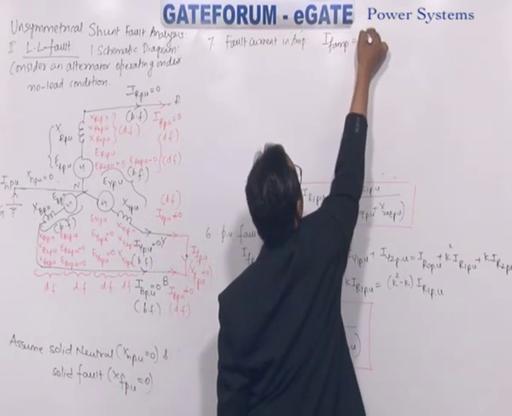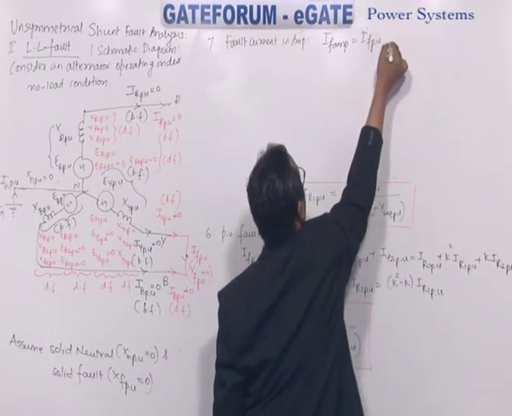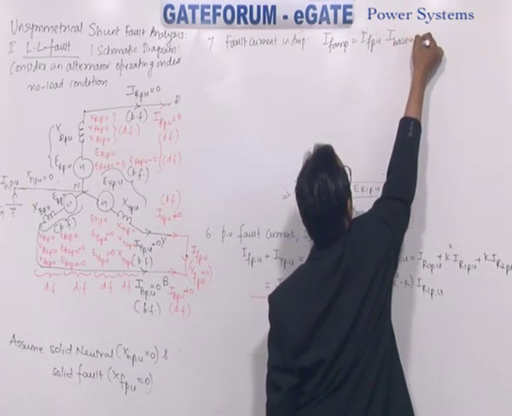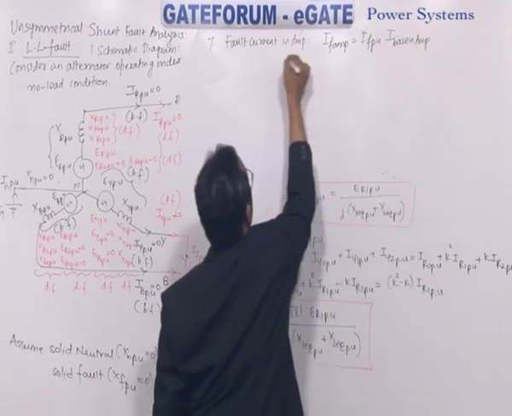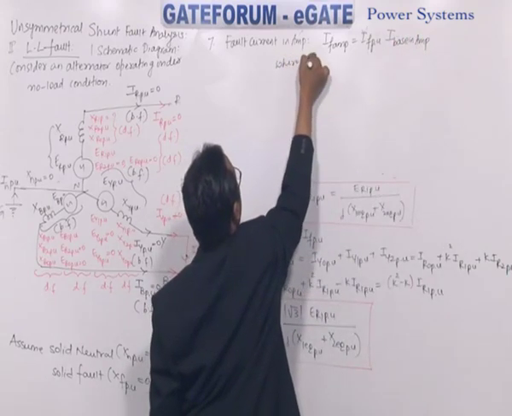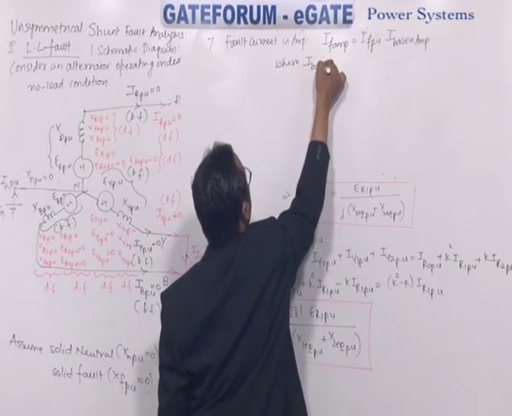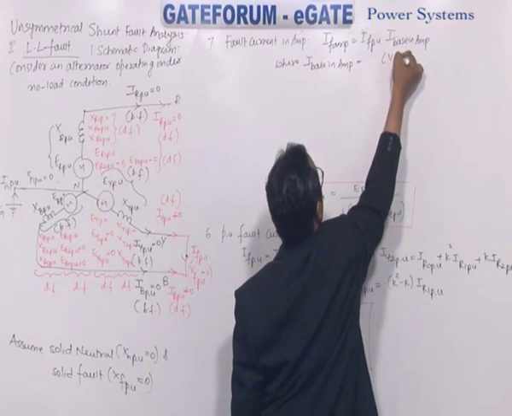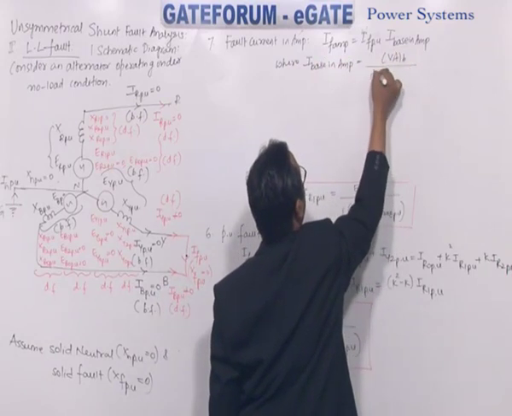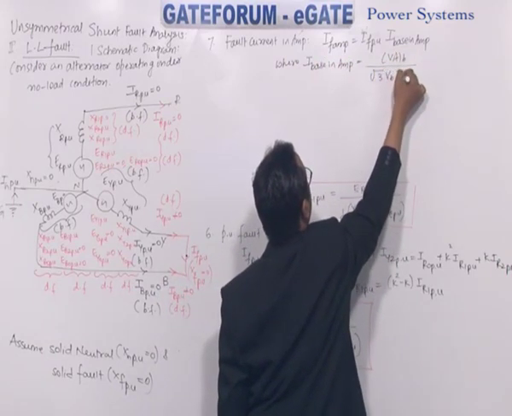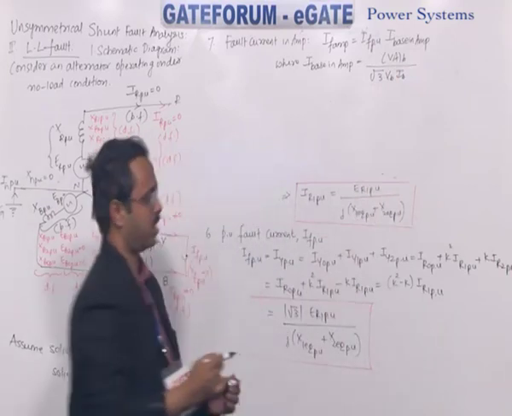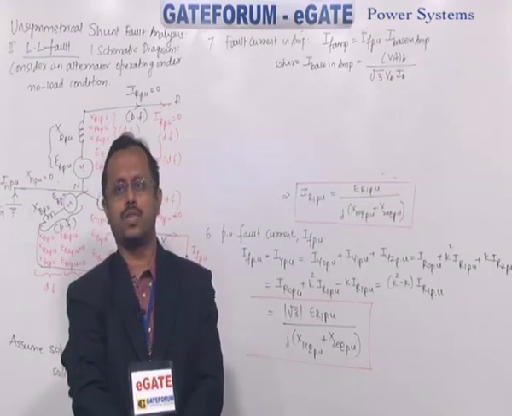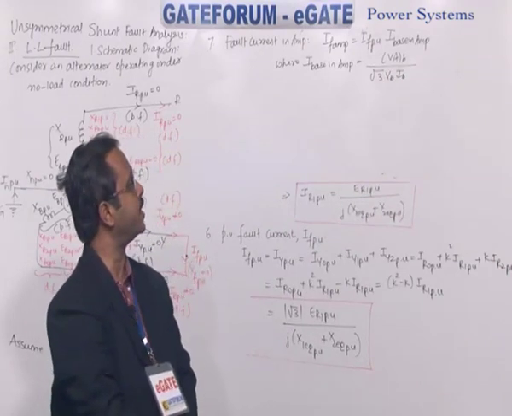IF in amperes is IF per unit into the base current in amperes. What about base current now? It is base volt ampere divided by root 3 times base voltage. Base current is base volt ampere divided by root 3 times base voltage.